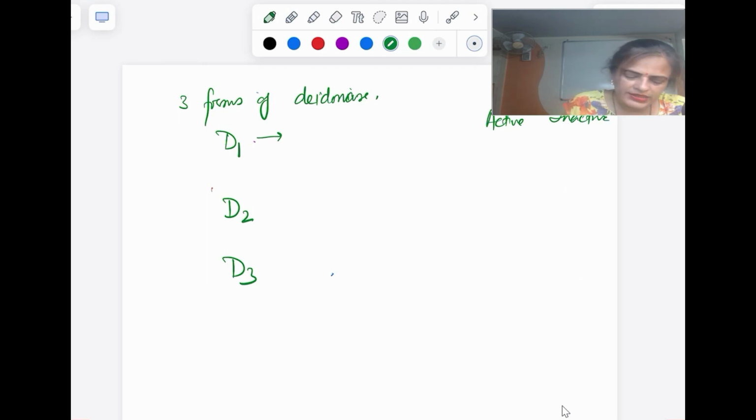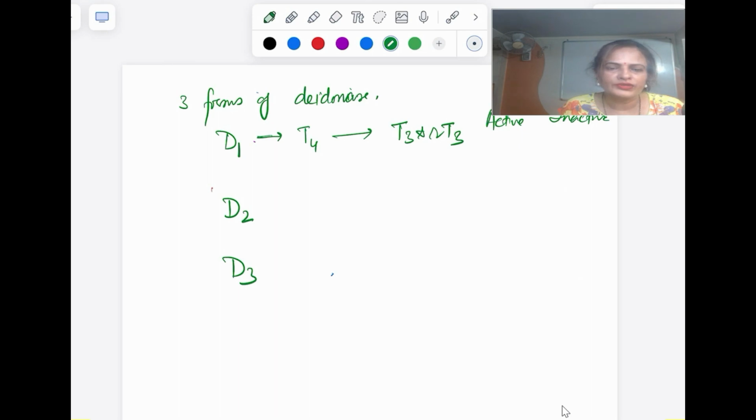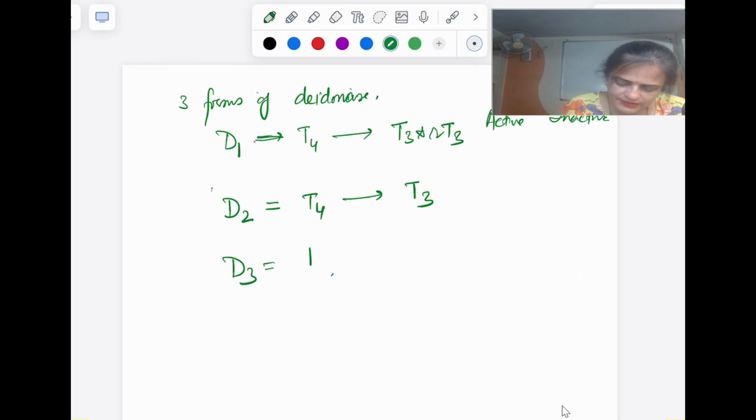Now, deiodinase 1 is going to convert T4 into both the active and inactive forms of T3. Whereas D2, what it does, it is going to convert T4 into only the active form, whereas D3 is going to convert this one into this.